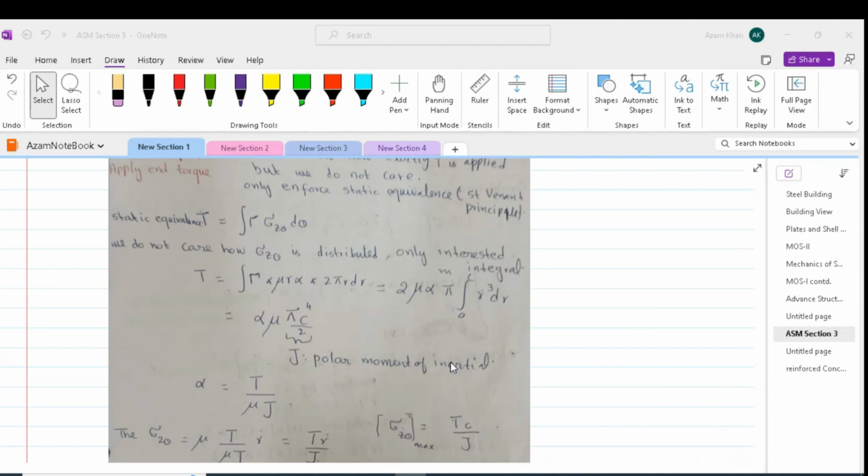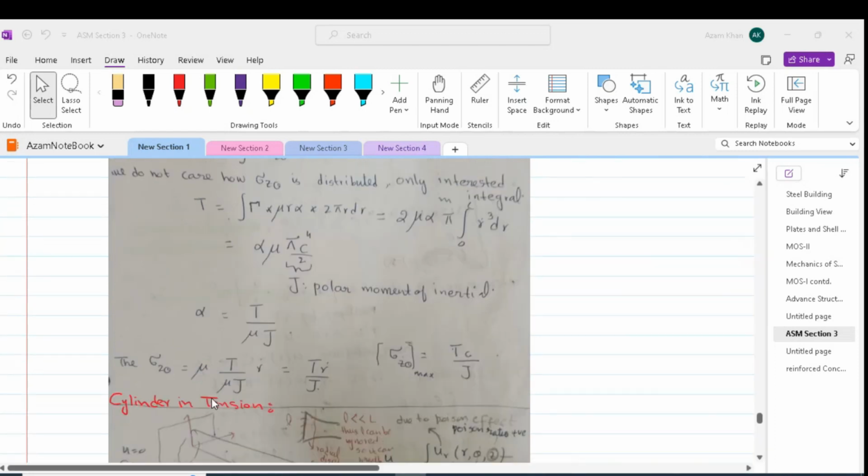Pi c^4 by 2 is called polar moment of inertia J. So from this, we can get our alpha equal to T by mu J. Thus, sigma z theta is equal to mu T by mu J times r, or T r by J. We can also write this in the form of T r by J. Thus, sigma z theta is equal to T r by J.